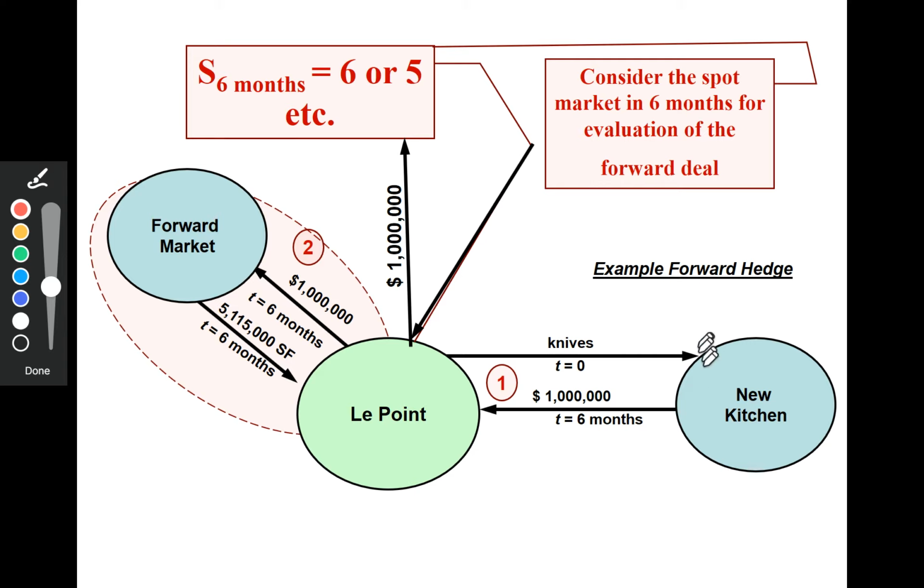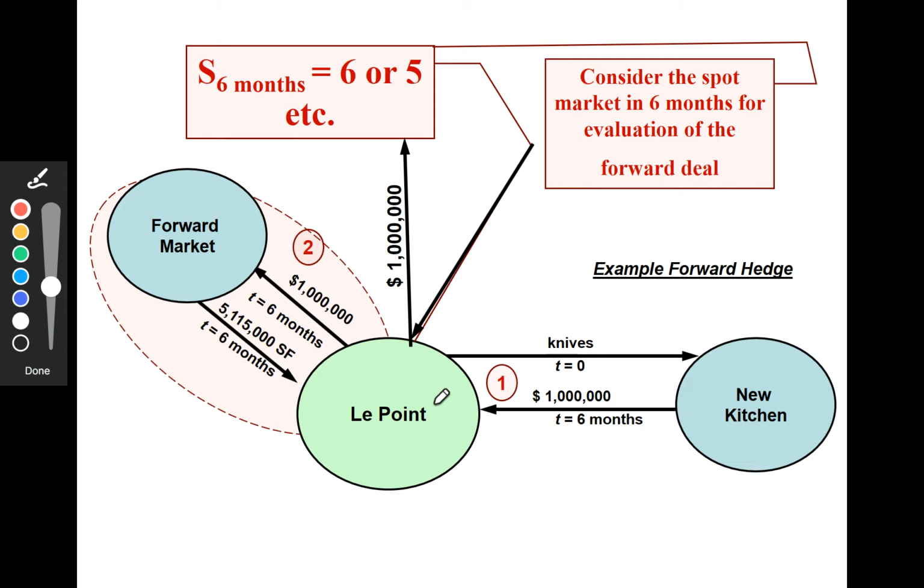The customer doesn't pay. Let's see what happens to our forward contract. The forward market here, for example, a bank says, I don't care that your customer is bankrupt. I don't have any contract with them. I have a contract with you, Lapointe. You got to do what your contract says or you'll be in default.